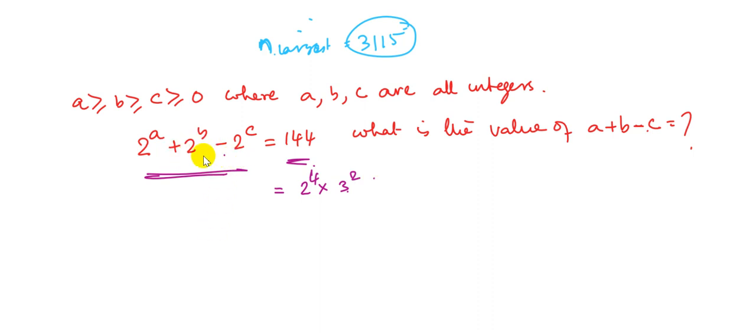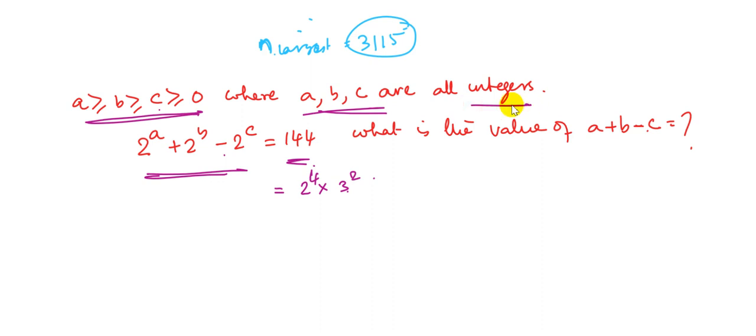So now let us look at the left hand side. The condition given is a greater than or equal to b greater than or equal to c greater than or equal to 0, so c is my smallest number and all are integers.